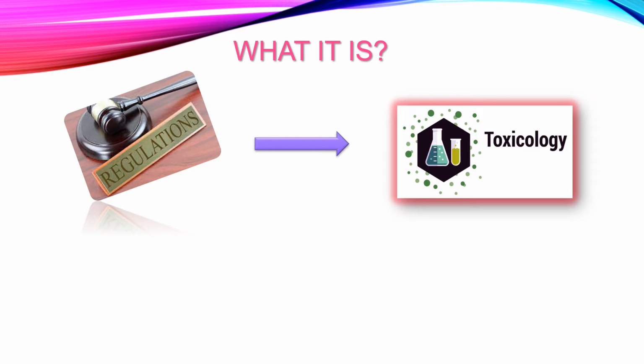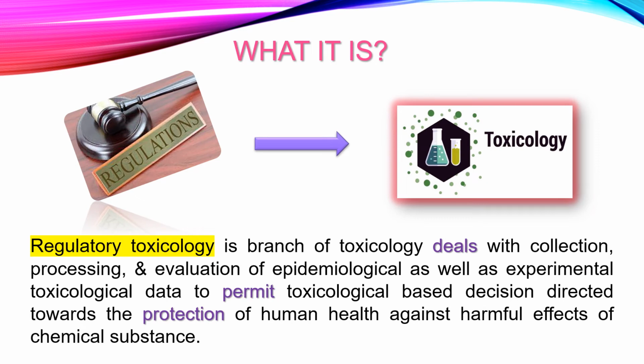But with the regulations, we also have one responsibility. Let's see the definition of regulatory toxicology. Regulatory toxicology is a branch which deals with the collection, processing and evaluation of epidemiological and toxicological data that come from experiments, to permit toxicology-based decisions, or to make rules and regulations directed toward the protection of human health against harmful effects.